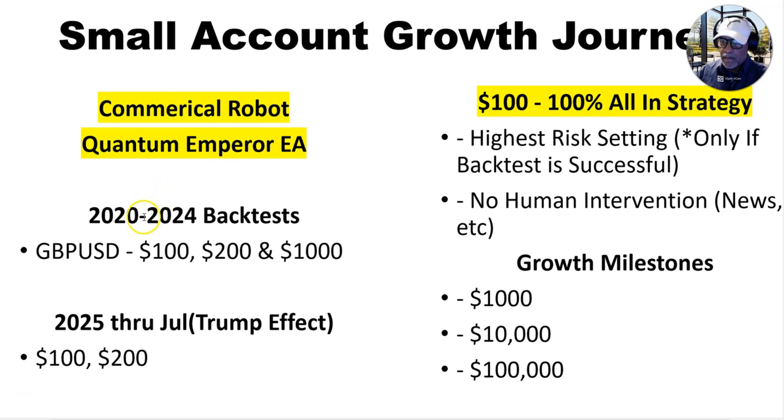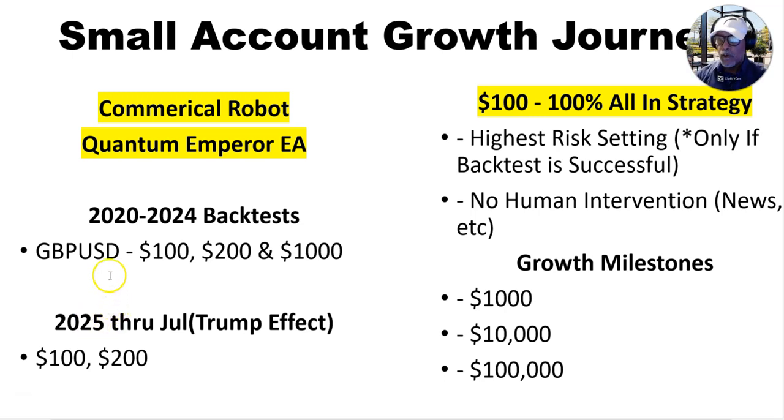You know, COVID, all of that stuff. And then we're also going to see how it would perform this year, which is 2025, through some of the Trump effects, you know, some of the tariffs, some of the things that are going on, how he's affecting the markets, whether it's good or bad, depending on what side of the equation you're on.